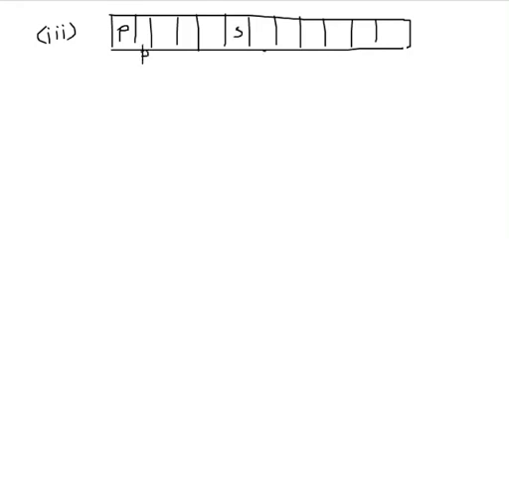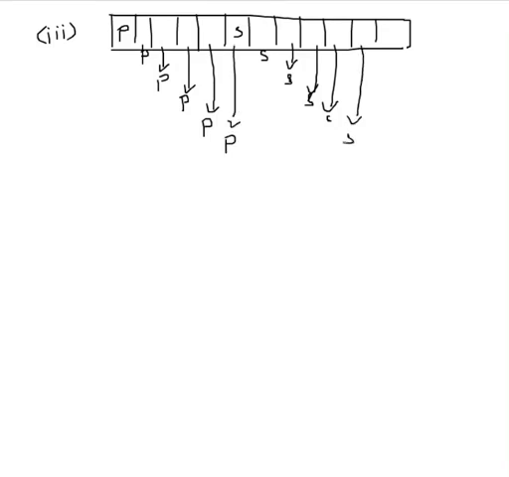Or P here, S here. Or P and S. So that 4 letters will be in between these two. P here, S here. Or P here and S here. So we have 7 cases for arranging P and S.